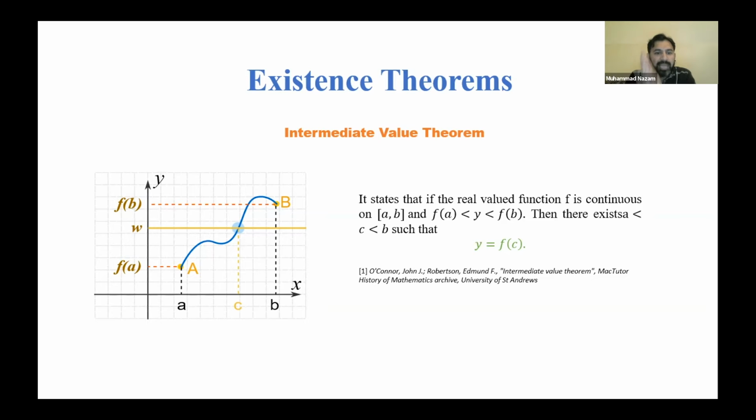So we can find a point c between a and b whose image always lies on the graph of the function. This is only due to the continuity on the closed interval. If the function is not continuous, then this is not possible. Similarly, if the interval is not closed, then this is not possible.